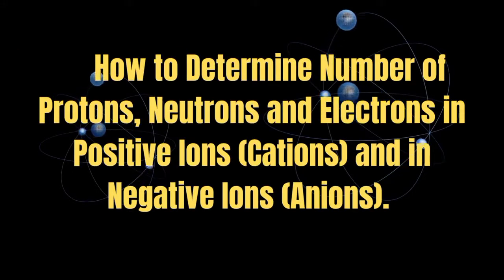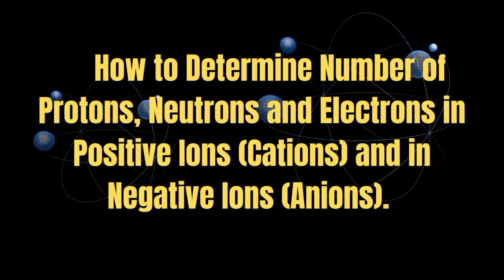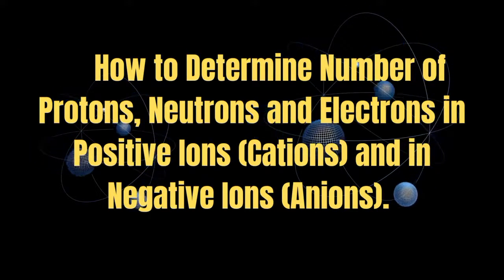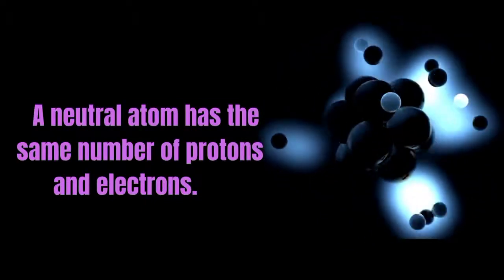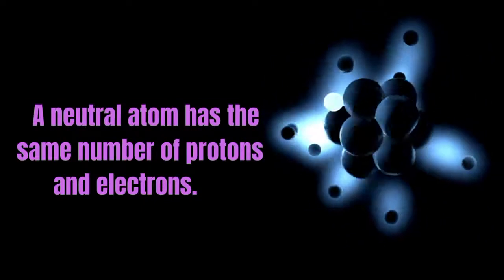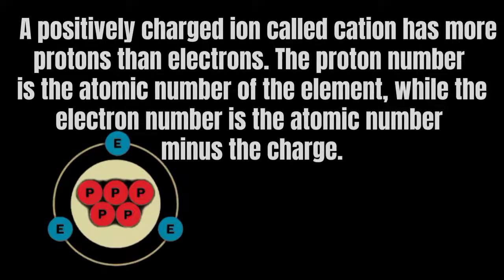How to determine the number of protons, neutrons, and electrons in positive ions and in negative ions. A neutral atom has the same number of protons and electrons. A positively charged ion called a cation has more protons than electrons. The proton number is the atomic number of the element, while the electron number is the atomic number minus the charge.